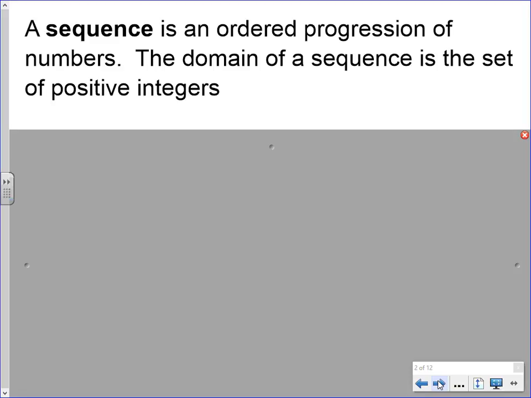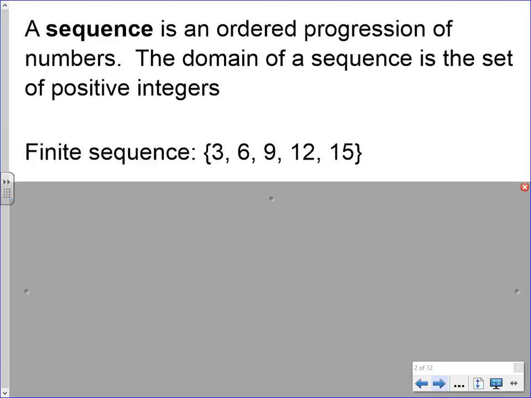We do not plug any fractions into our sequence. We don't plug any decimals into our sequence. We only plug in integers. When we plug in 1, we describe that as the first term. When we plug in 2, we describe that as the second term, and so on and so forth. There are 2 types of sequences.